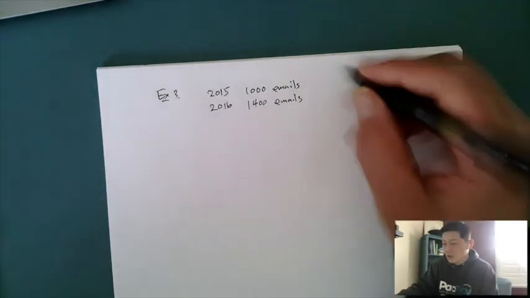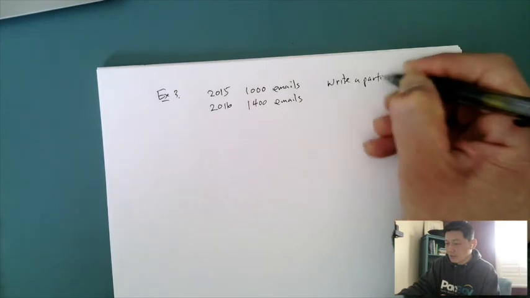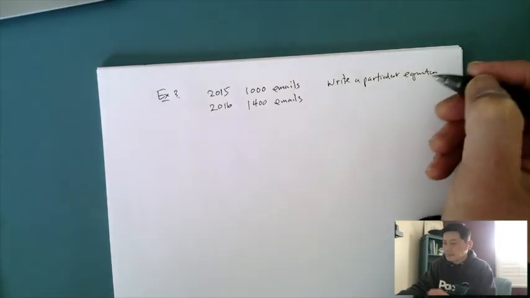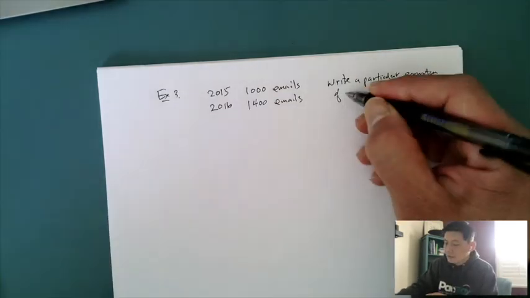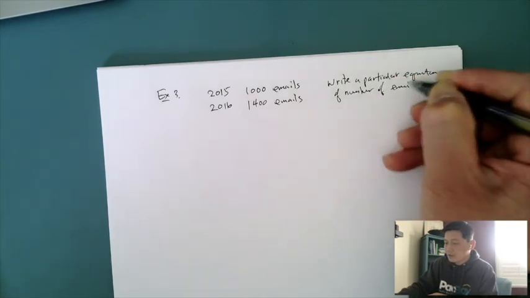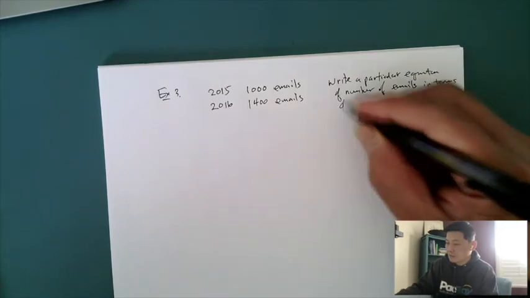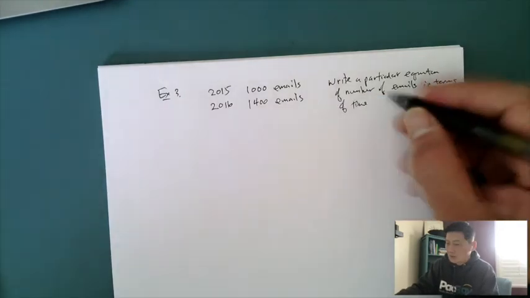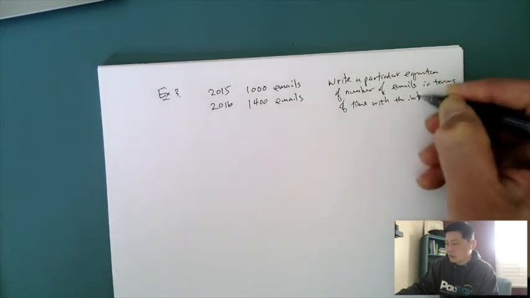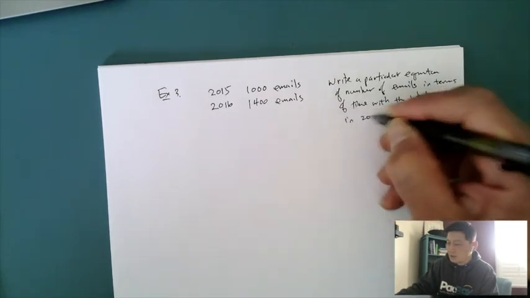So the question here is, it's asking you to write a particular equation of the number of emails you will receive in terms of time, with the initial year in 2009.